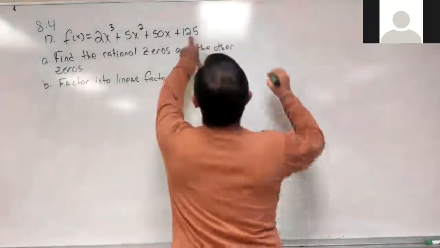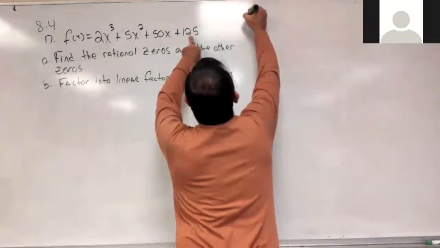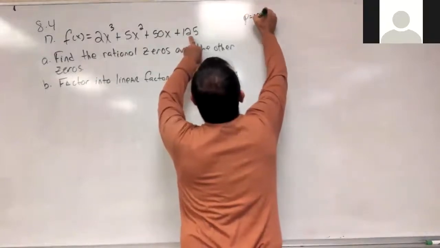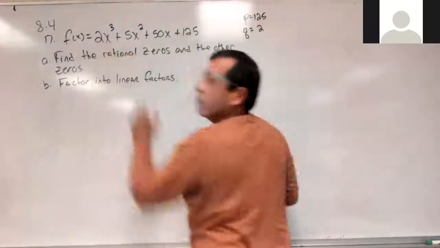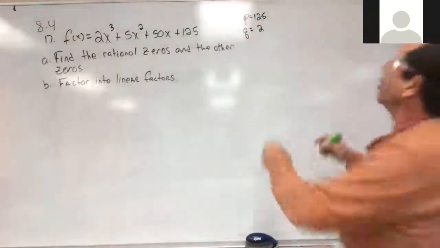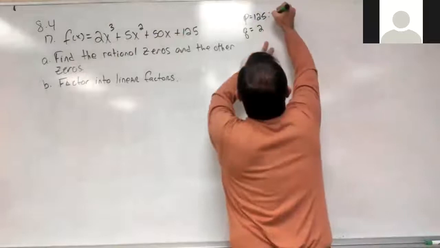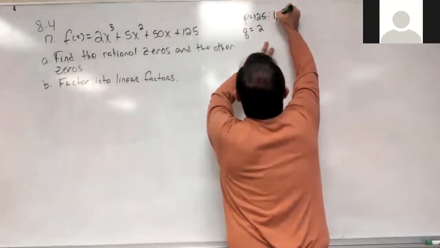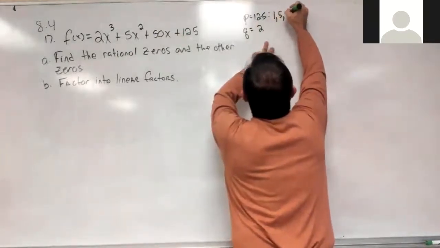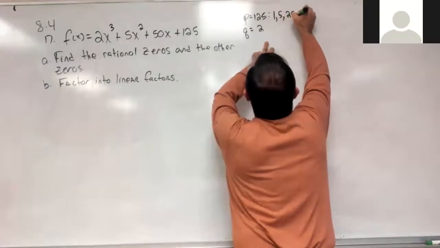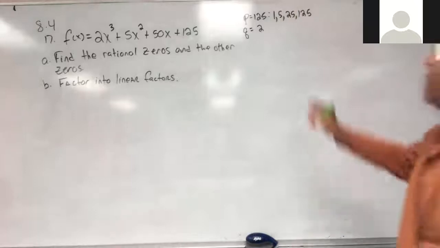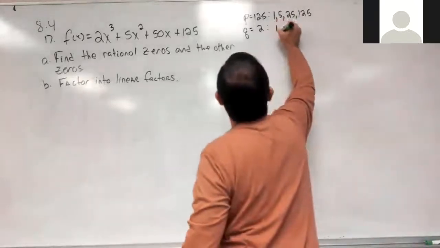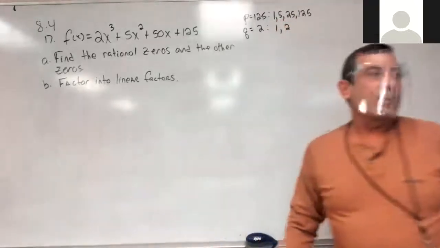So my last number is 125, and my first number would be the 2. So I'm going to look at factors of 125. That is 1, 5, 25 and 125. Factors of 2 are just going to be 1 and 2.